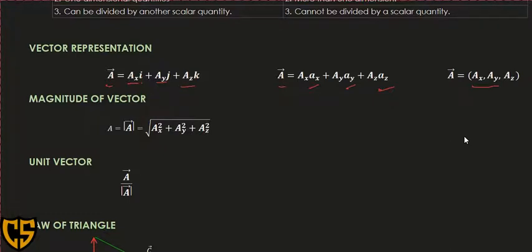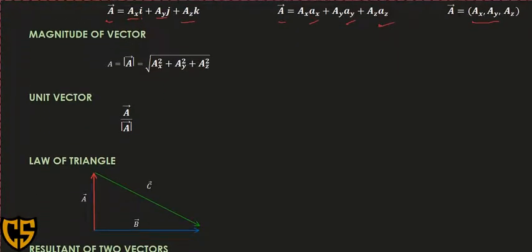So, based sa ating nga previous nga video, na-discuss na ang magnitude of a vector. So, to find the value sa magnitude sang vector, amo ni ang process. So, take note of the representation kung paano gina-indicate ang magnitude of vector.